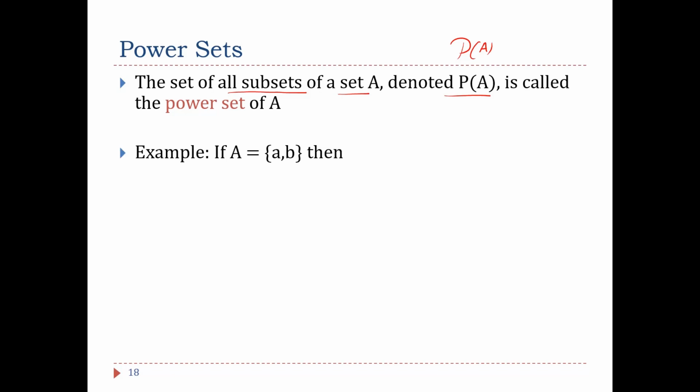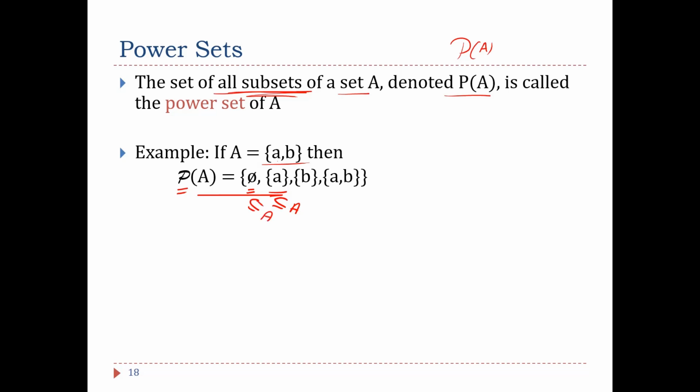And if, for example, this set A is the set containing the two elements a and b, then the power set of A, you see the calligraphic P once again, is the set containing all the subsets of A. Well, the empty set is one of these subsets. The set containing the element a alone is a subset of A. Can't we say that the empty set is a subset of A?